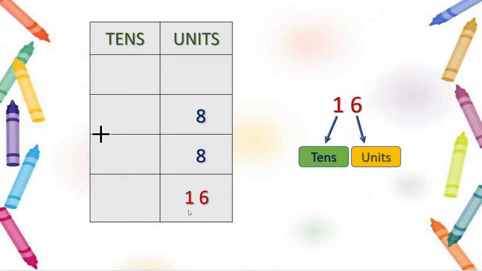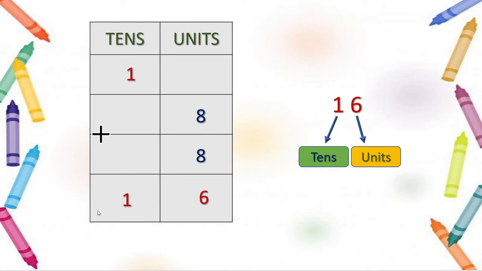So let us take this 1 to the tens place, that is carried over to the tens place. And nothing is there. So our answer here is 1, 6, that is 16. 10 and 6, 16. Is it clear? Remember that in each column you can write single numbers. We can't write double numbers.